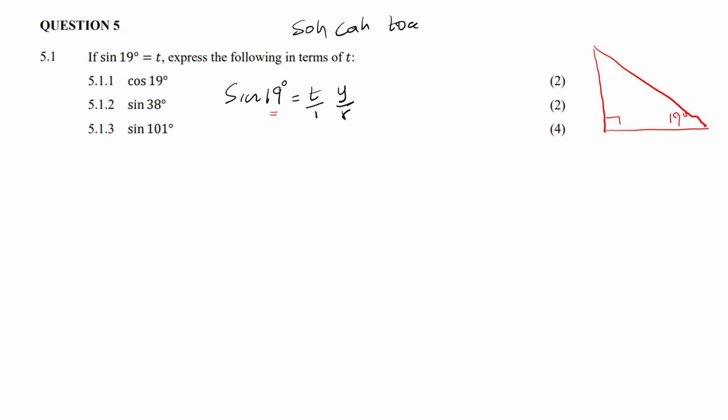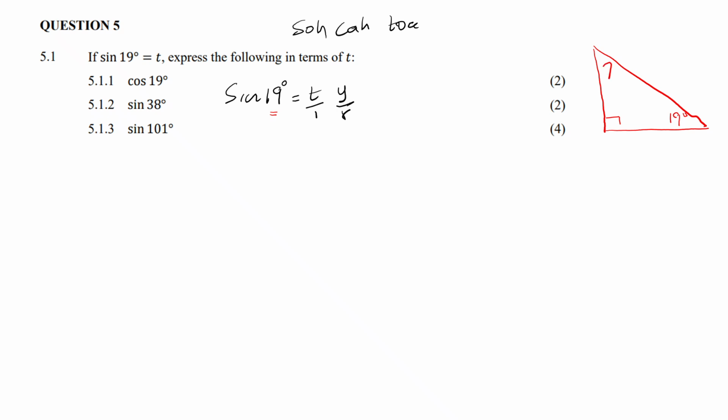Okay, perfect. So if I have 90 and I have 19 inside the triangle, what is this telling you about the third angle? On your calculator, you take your 180, you subtract 90 and 19, this gives us 71.